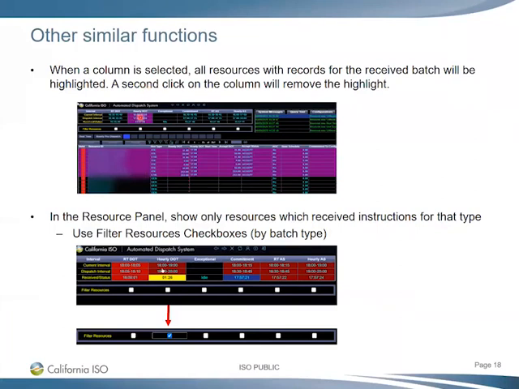A second click on that same column will remove the highlight. Now in the resource panel, you can also show only the resources which received the instructions based on the type. Similarly, how here you clicked on the column and it gave you a highlight for the results that actually had an instruction.